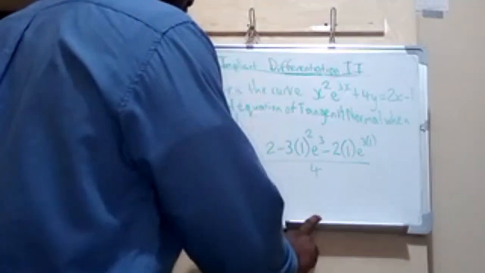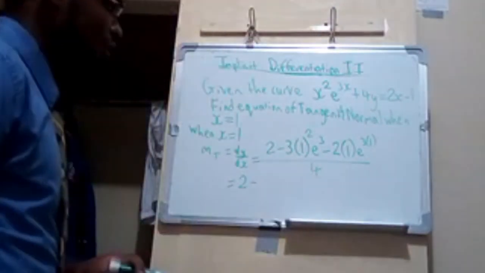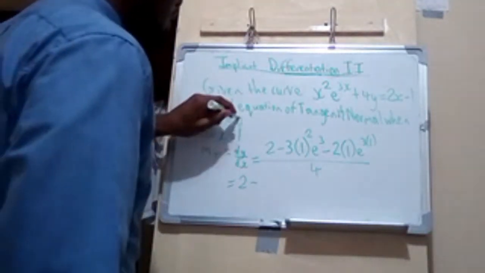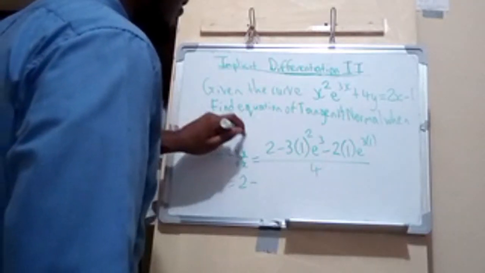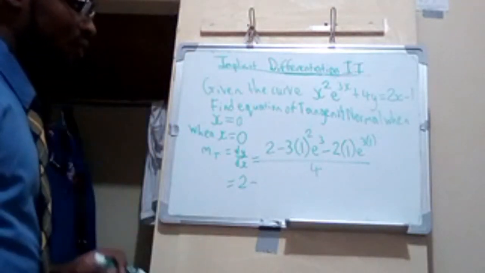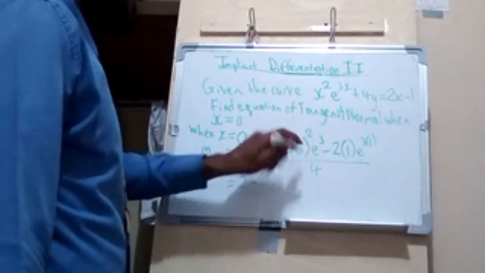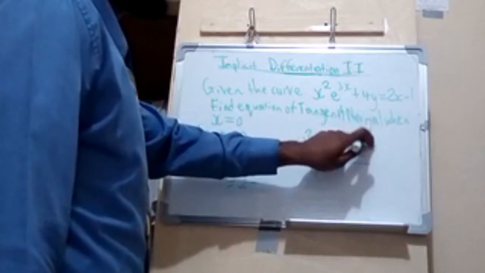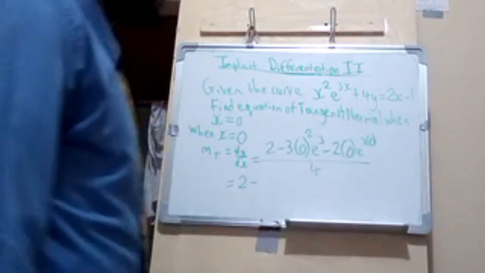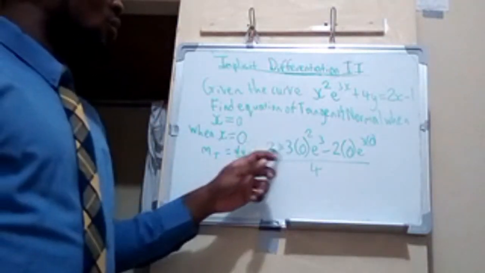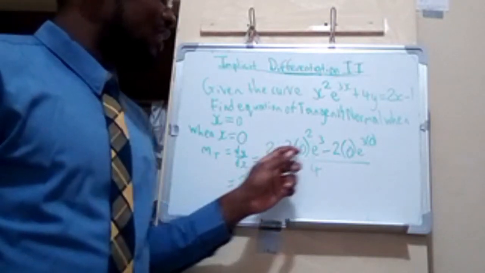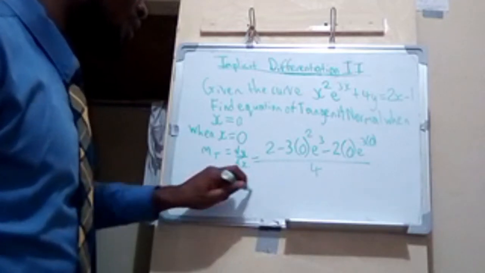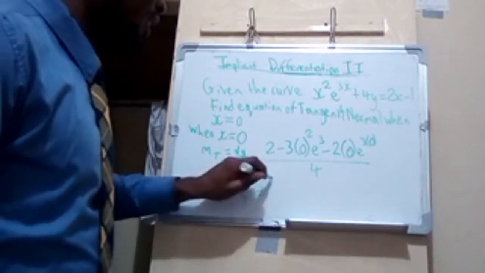Alright, just for simplicity, I'm going to change this question from x equals 1 to x equals 0. Remember, this example I made up off the top of my head. So this becomes 2 minus 3 times 0 is 0, 2 times 0 is 0, so this becomes 2 over 4, and 2 over 4 is a half.